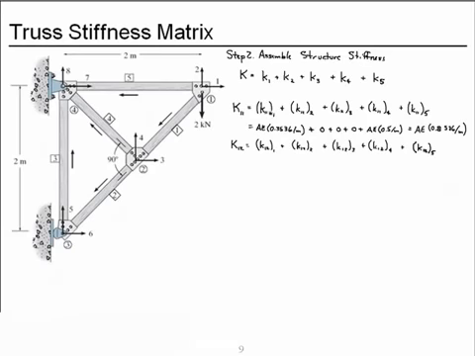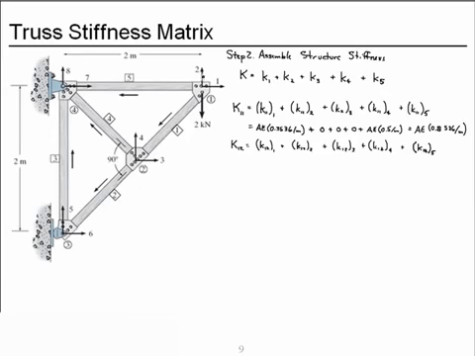Now if we look at something we observed in calculating the coefficient 1, 1, if the member does not connect or touch the degree of freedom, then it has no contribution to the stiffness. So member 1 touched degree of freedom 1, it contributed. Member 2 did not touch degree of freedom 1, it did not contribute, nor did member 3 or 4, but member 5 did.